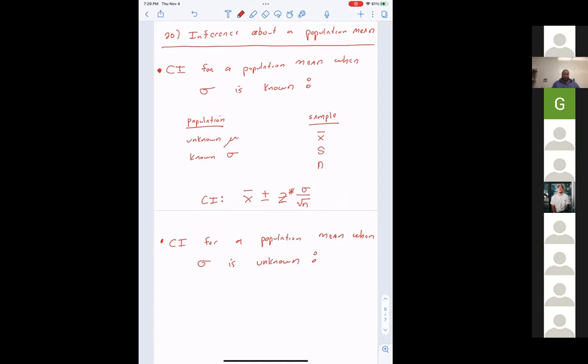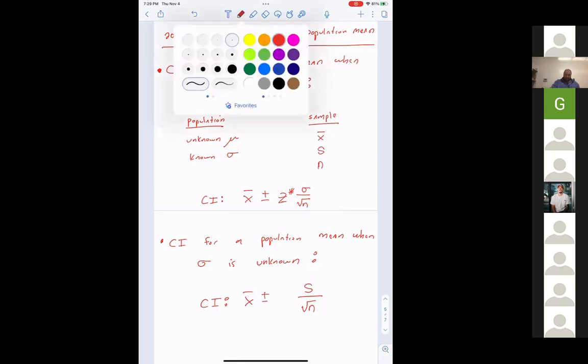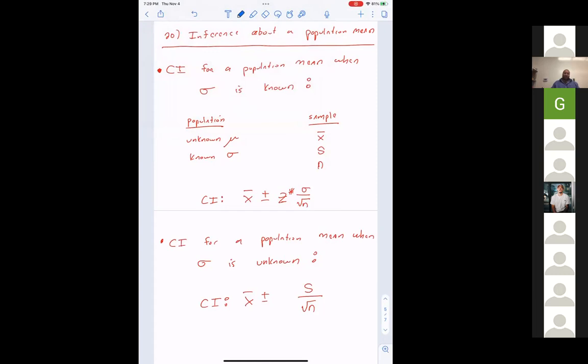You can't use it if you don't know sigma, right? So we replace sigma with the next best thing. What's the next best thing if I don't know the actual population standard deviation? The sample standard deviation. However, because of this extra uncertainty that I have, I don't use Z star. I use something called T star instead.